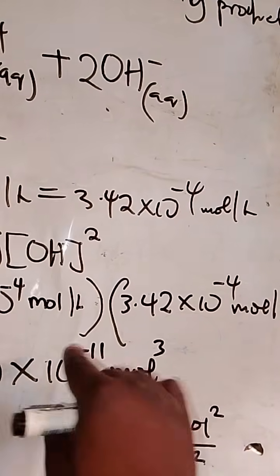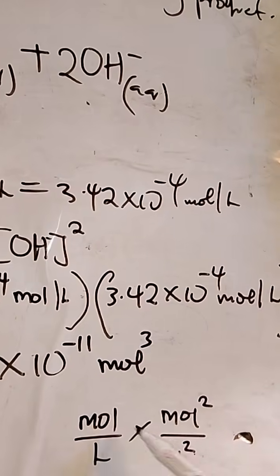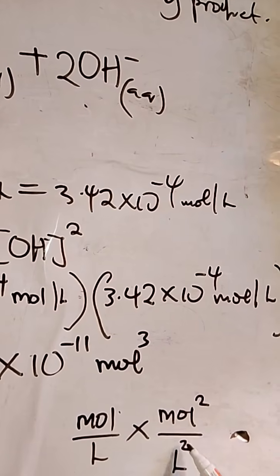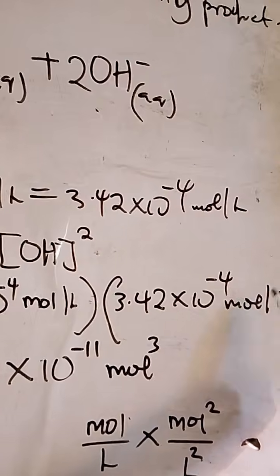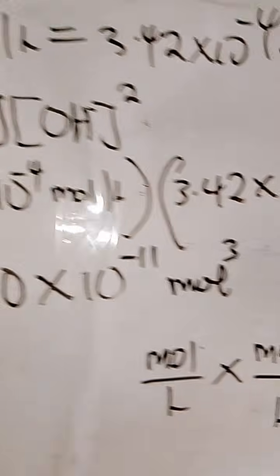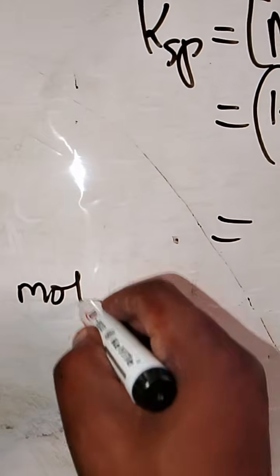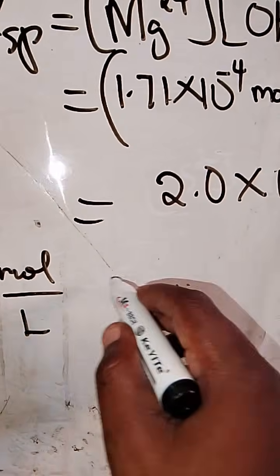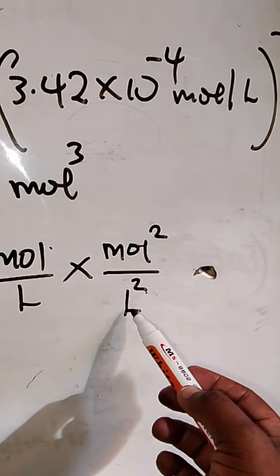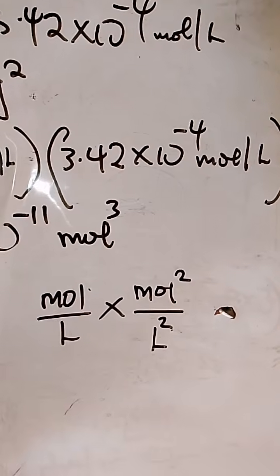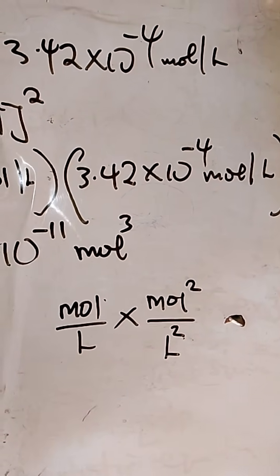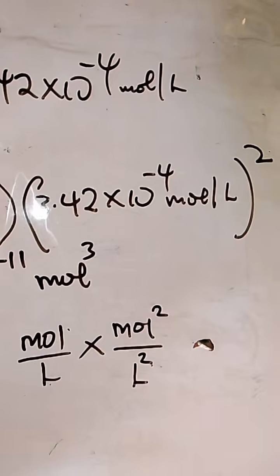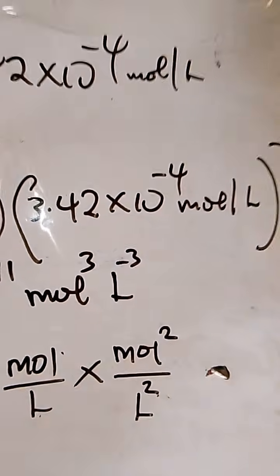When we multiply, mol times mol squared gives us mol cubed, and liter times liter squared comes to liter cubed.